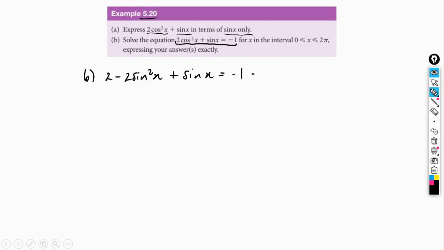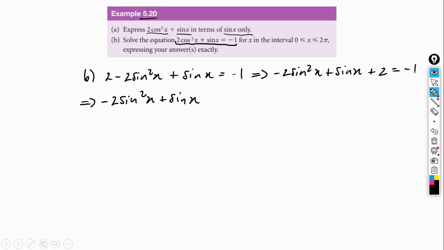We can rearrange this, and we can write it as minus 2 sine squared of x plus sine of x plus 2 is equal to negative 1. And then we can bring the negative 1 to the left-hand side. So we could write this as minus 2 sine squared of x plus sine of x plus 3 is equal to 0.